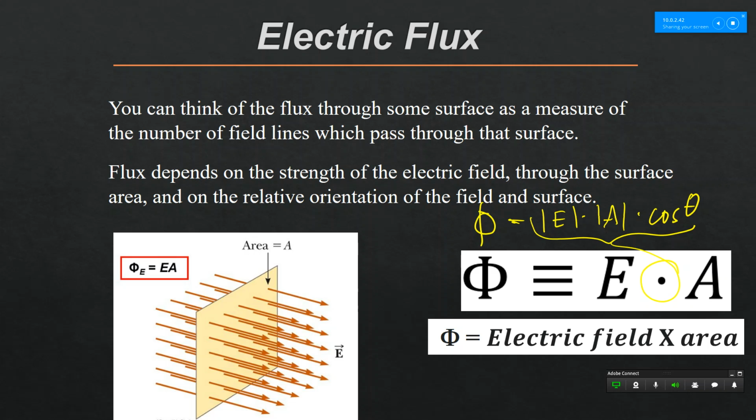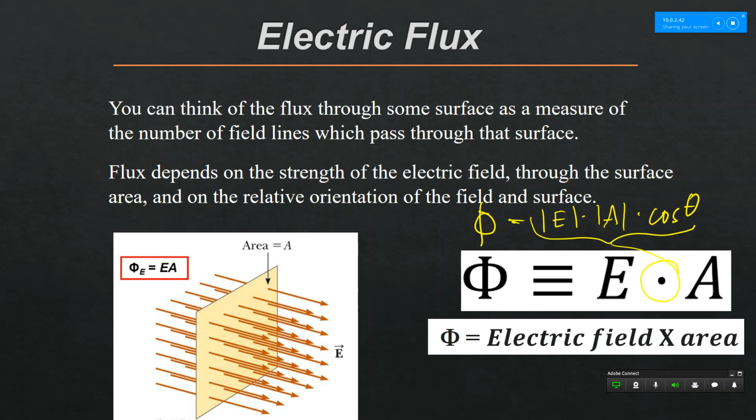If the angle was between 0 and 90, the electric flux would be positive, but not maximum.